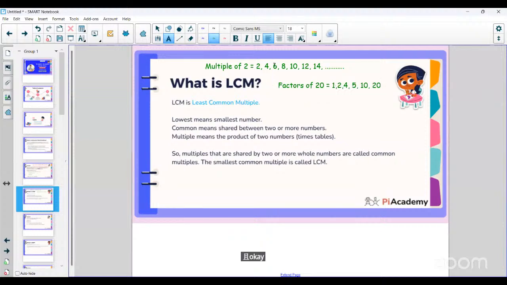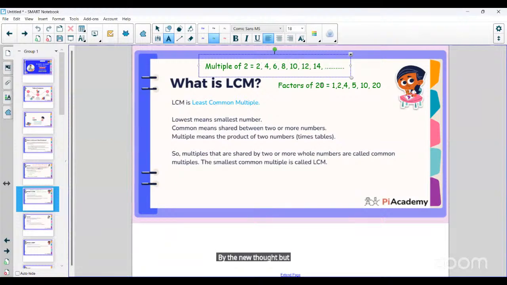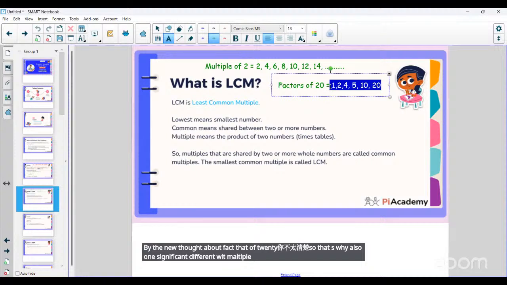So when you talk about multiples of 2, you would have 2, and all the other numbers would be greater than 2. But when you talk about factors of 20, you would have 20 and all the other factors would be less than 20. So that's also one significant difference between multiples and factors.